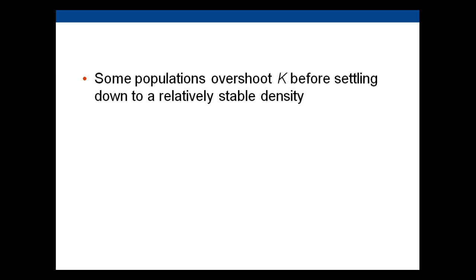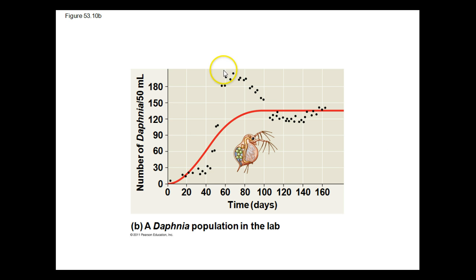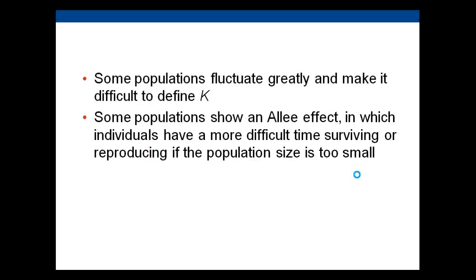Sometimes you overshoot the carrying capacity and then come back down. So sometimes it goes above it and then comes back down, which is fine. Like this one, you overshoot and then come back down, which happens. And it fluctuates greatly.